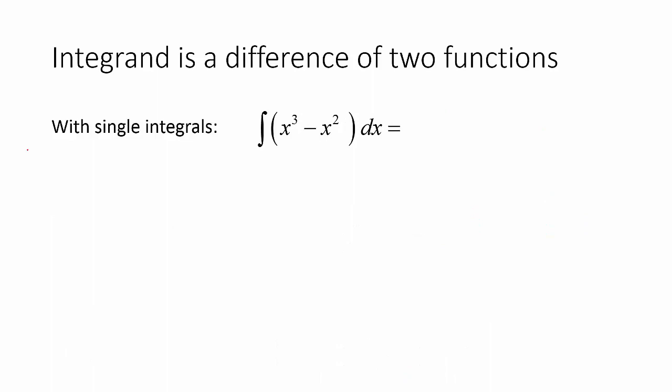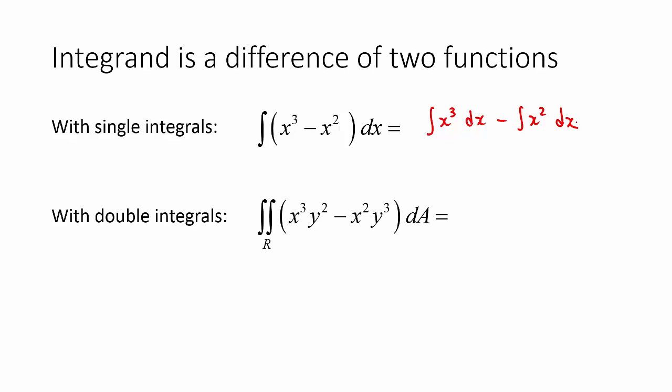Similarly, if your integrand is a difference of two different functions, you can write them as a difference of two different integrals, like this. It is done this way for single integrals, and it is done in a similar way for double integrals.